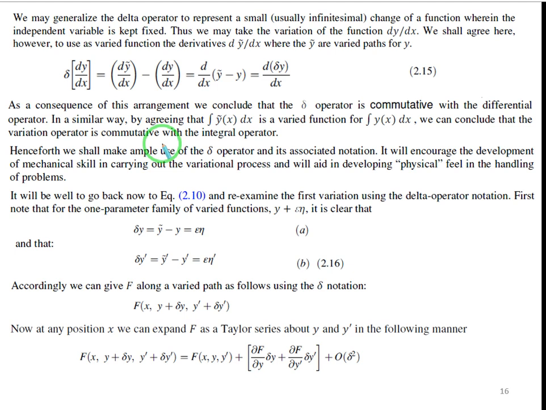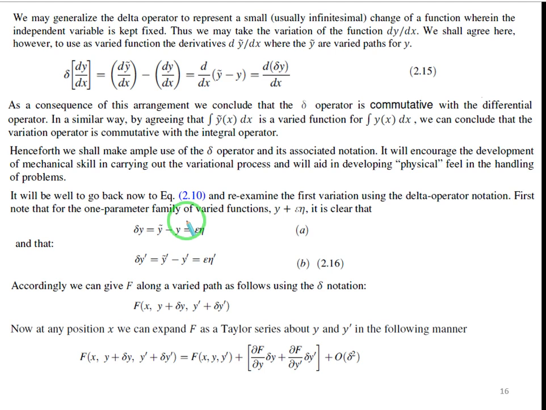However, before continuing our discussion, let's speak about something important. We are going to speak about calculating the variation of an arbitrary function.